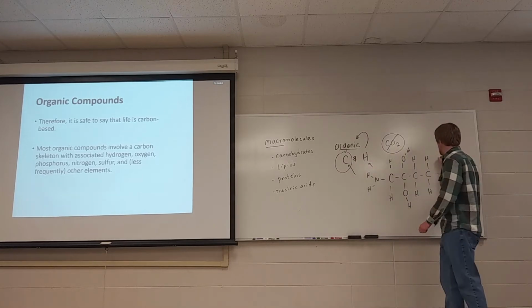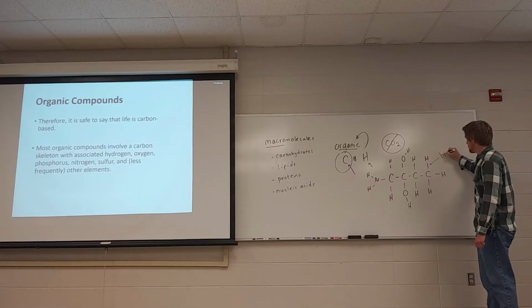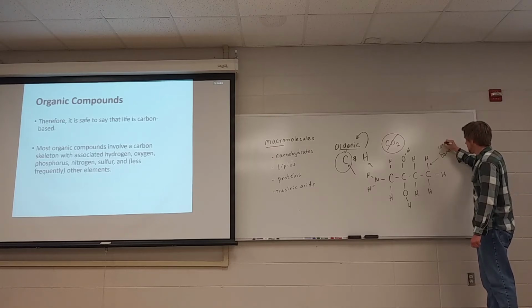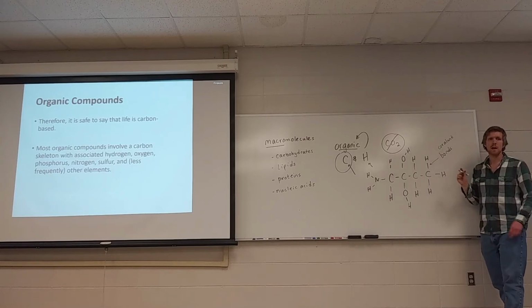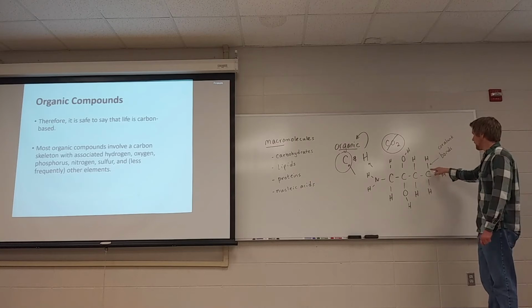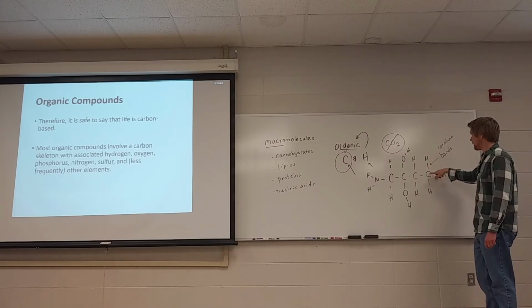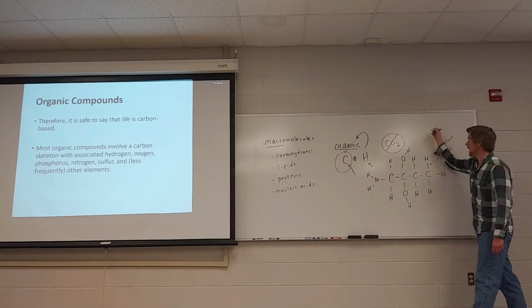Just to rehash, those lines represent bonds. Specifically, if you remember the type of bond, they are covalent bonds. And one line represents a pair of shared electrons. And so there's a pair of electrons shared between this carbon and this hydrogen, and it's represented with the line.